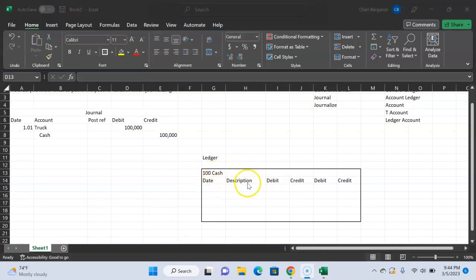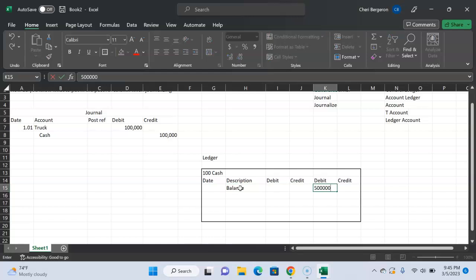We've got a date, a description, which you usually only use if it's a beginning balance, and then what we did to the account goes in these first two columns. In this case, we credited it, so we'll be putting it there. Then we've got our running balance over here. So these last two are your balance. Let's say that we started off with a balance from last month of $500,000.